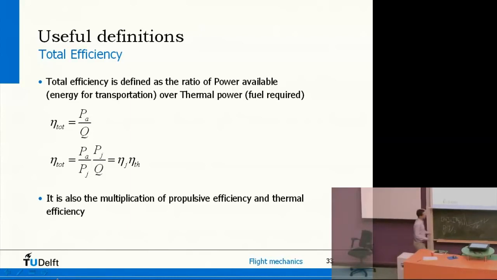Now, you can understand that if you take jet power divided by jet power, that's equal to 1. So in the second equation, I've multiplied total efficiency with 1, jet power divided by jet power, and then I've rewritten it slightly.